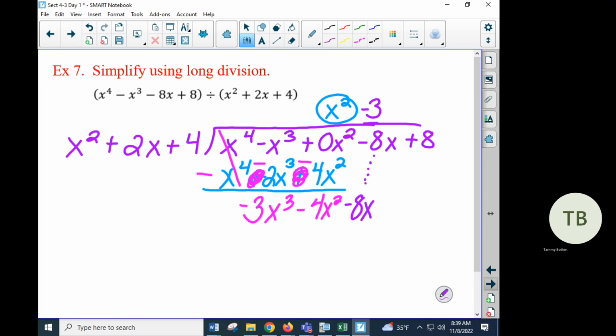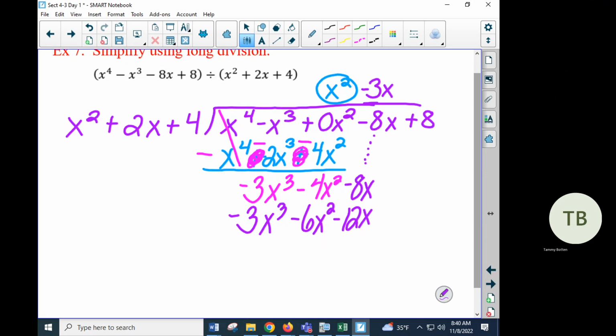I have x squared here, so I'd need 1 more x up here. Negative 3x times x squared is negative 3x to the third. Negative 3x times 2x is negative 6x squared. And then negative 3x times 4 is negative 12x.